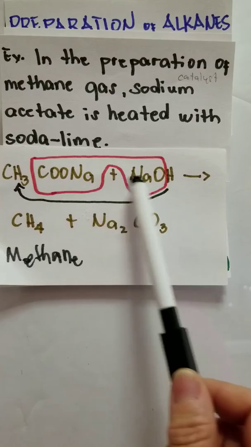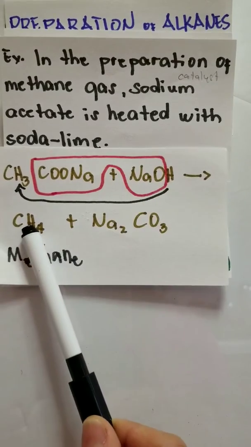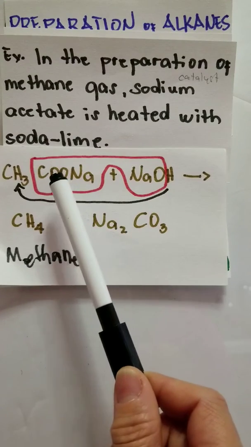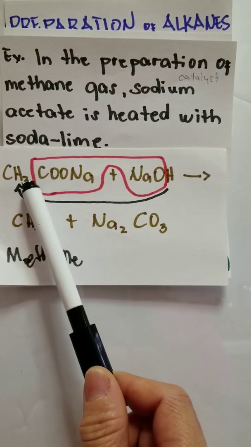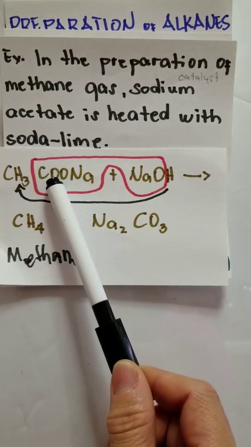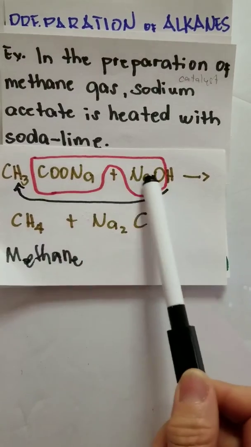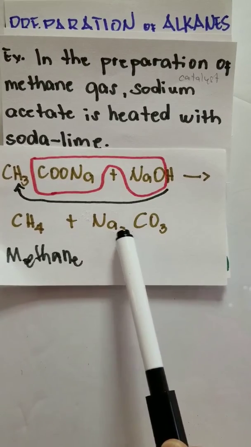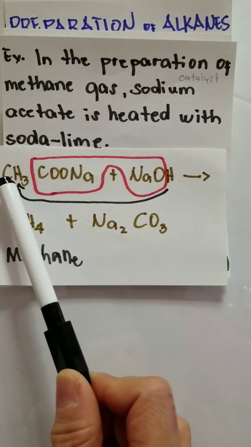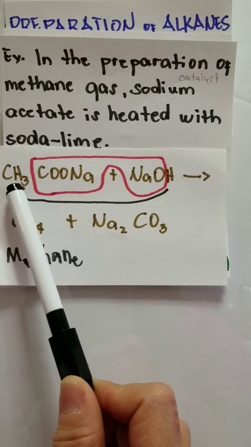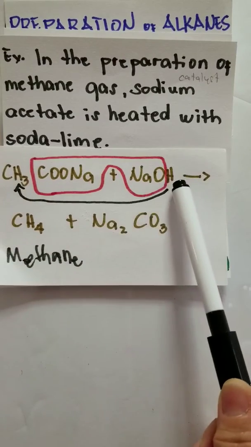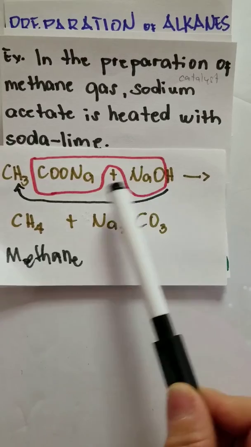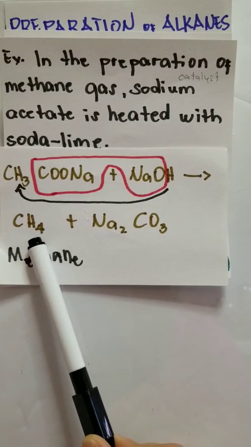plus a catalyst, your soda lime, will yield an alkane. In this case it is methane. What is the byproduct? It is the sodium carbonate. So your sodium acetate, the sodium and the carboxyl group will combine with the sodium oxide, forming sodium carbonate. What is left is the CH3, your methyl group, your alkyl radical group, which will combine with one hydrogen atom that was present in your soda lime, the sodium hydroxide, to form methane.